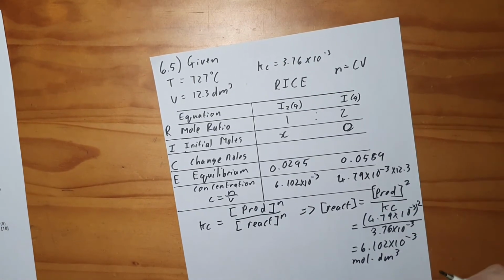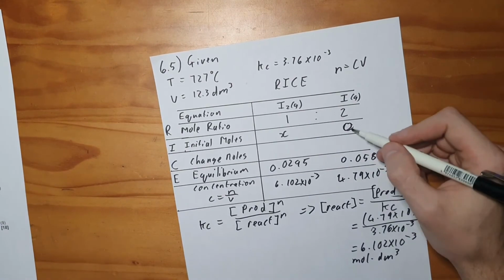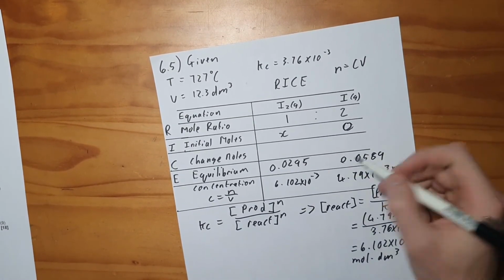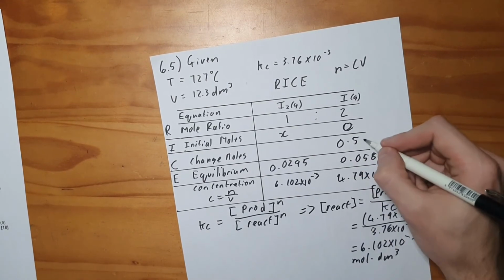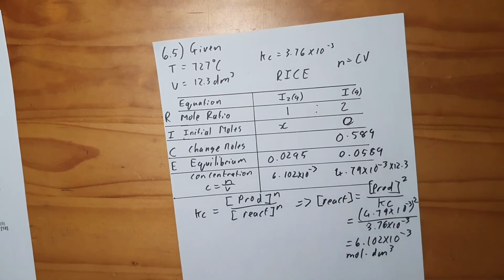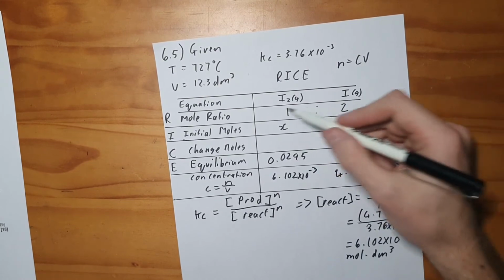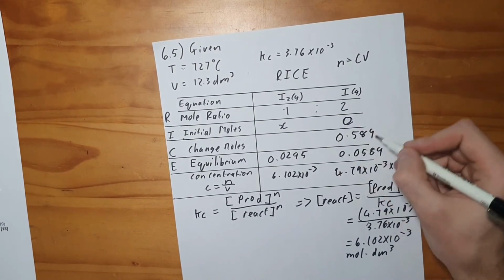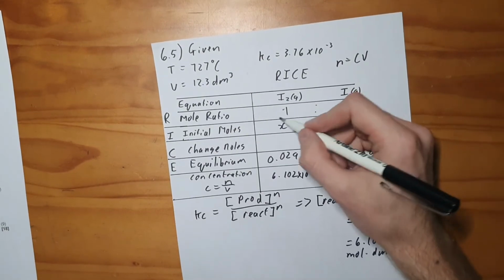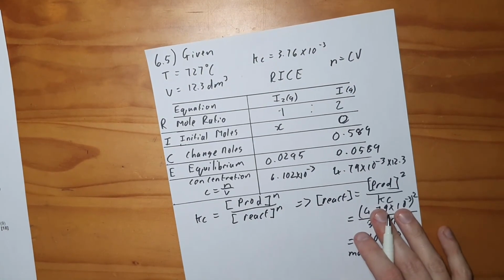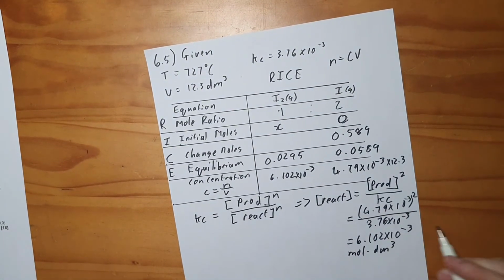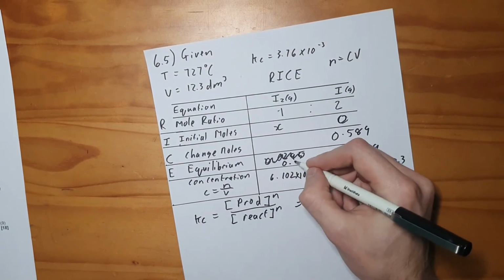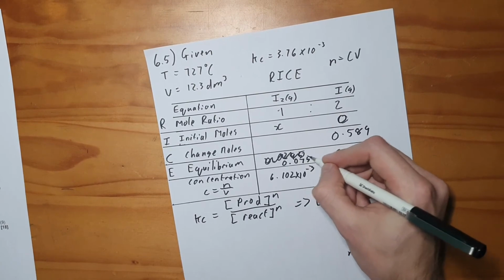Why? Because I'm going from 0 to whatever this amount is, so this amount will just be here. So this is 0.0589. Then I use my molar ratio over here. It's 2 to 1, so I need to divide this by 2 to get that. If I do that, oh, I have the wrong value here, my bad. This should be 0.0751.